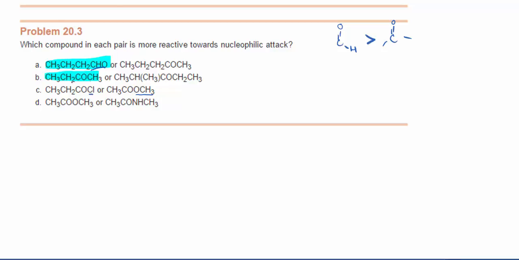Well, the answer is chlorine is the better leaving group and therefore will be more reactive. In D, again, we're analyzing for leaving groups. Here, I'm just going to highlight the leaving groups. We have this group and we have this group. Now, the oxygen being more electronegative tends to be a better leaving group, and therefore, it looks like all of the ones listed on the left ended up being more reactive towards nucleophilic attack.